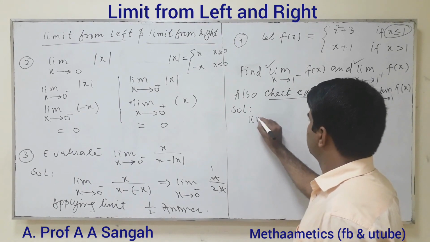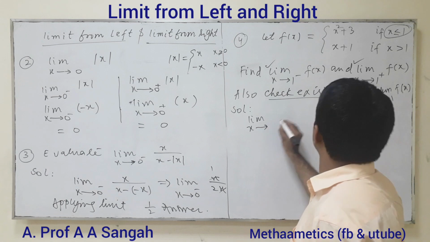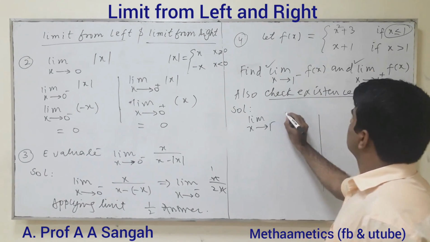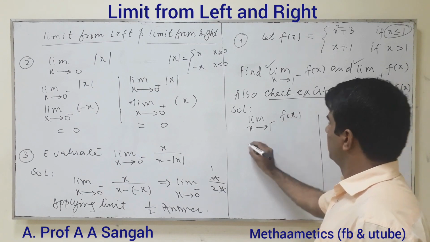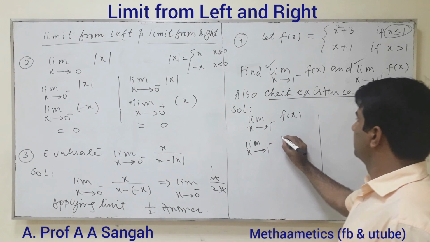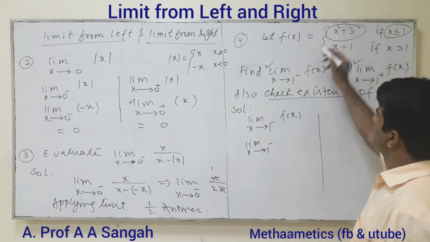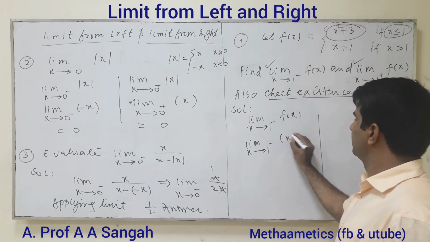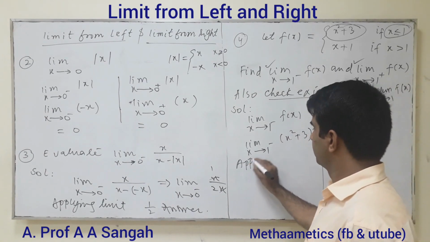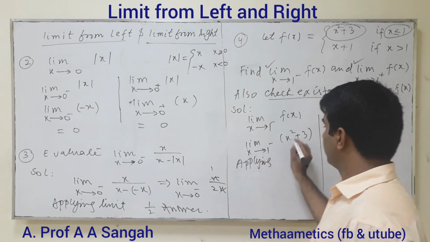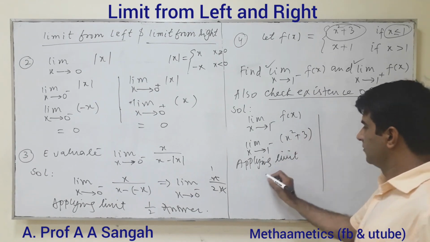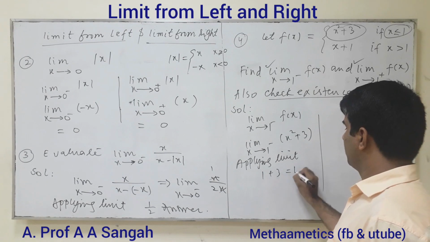Limit as x tends to 1 from the left hand side of the function: this is the function from the left hand side, x square plus 3. Applying the limit, we have 1 plus 3 equal to 4.